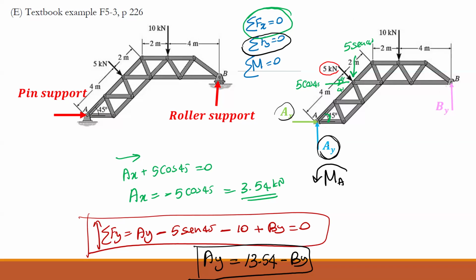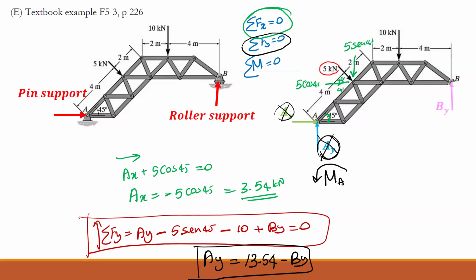This is about A, correct? Yes, about A. Then it would be 0, because this force goes straight through the point, so there is no perpendicular distance. Perpendicular distance is 0. Same with Ax, so it's not making any moment.